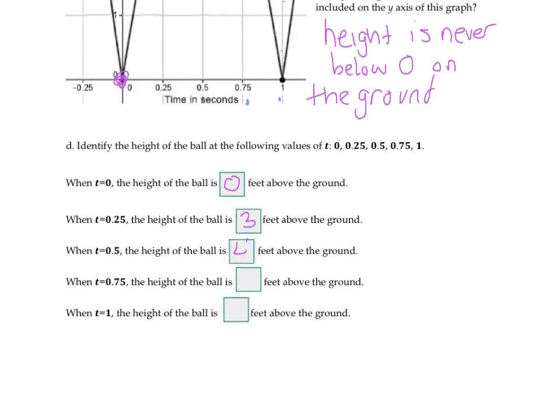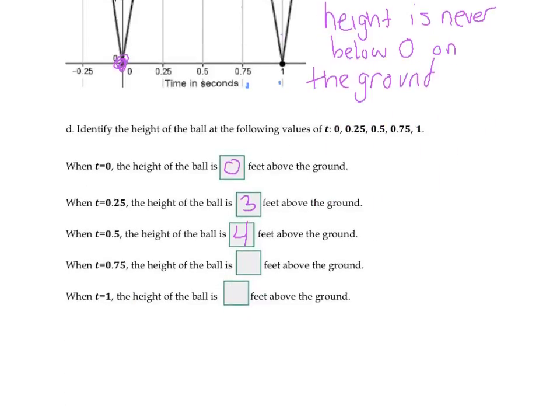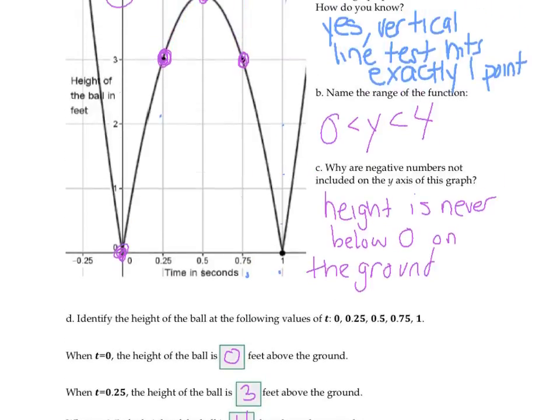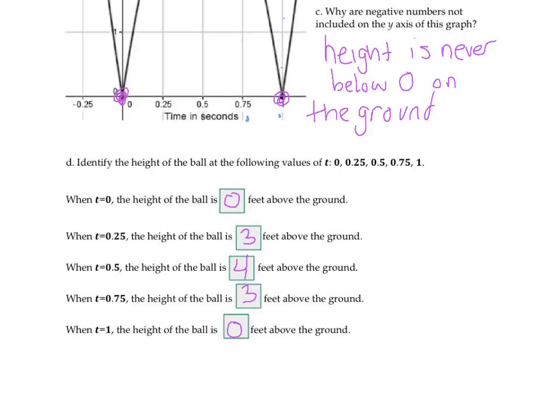So it's 4 feet above the ground. When t is 0.75, our point is right here, which is at y equals 3. So the answer is 3 feet above the ground. And when t equals 1, our point is right here, which is at y equals 0. So we have 0 feet above the ground.